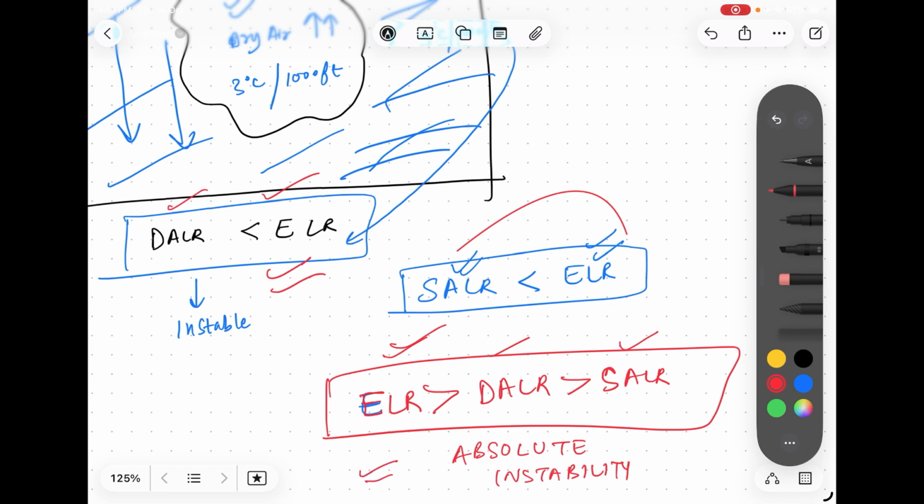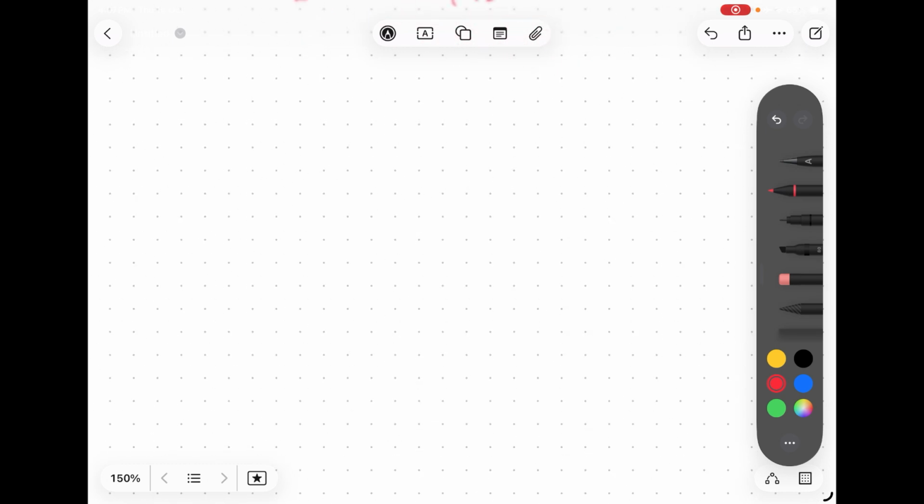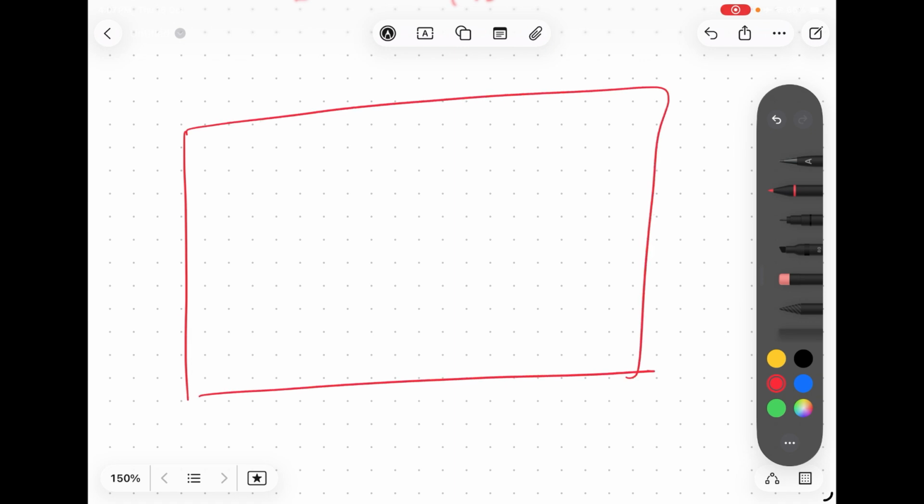Okay, now the last part of this topic is conditional instability. So in this again we'll take a box of atmosphere where we'll put a bubble of air. Now conditional instability would mean that half is okay and half is not. So let's take this as dry air again.